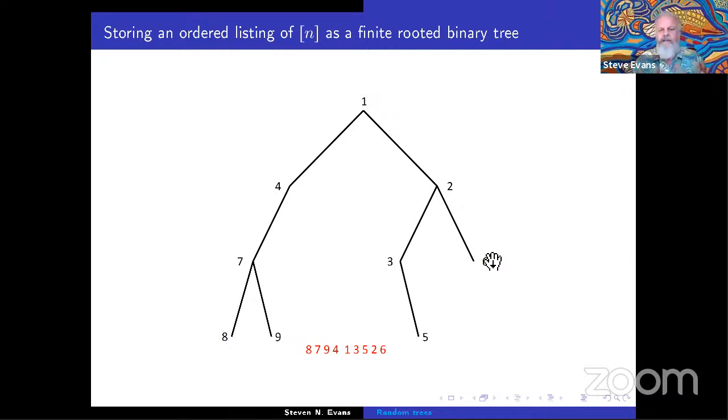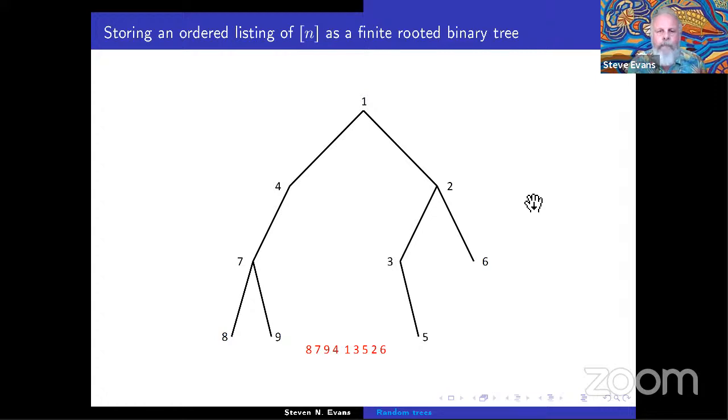Okay, so you can imagine writing a recursive algorithm that will describe how we can associate ordered lists of the numbers 1 up to n with binary trees with n vertices, where when we go down any path in the tree, we see numbers in increasing order.